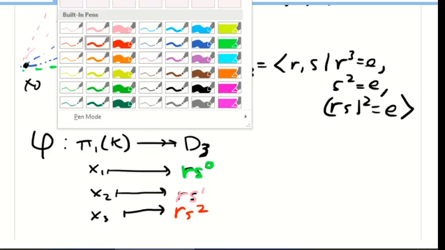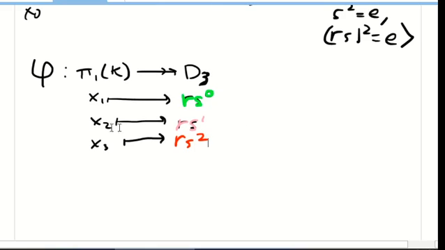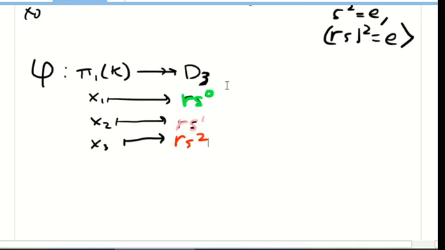Well, first of all, why is it a homomorphism? The hardest part there is showing that it is well defined. It turns out that those relations work out with this, and it is operation preserving.